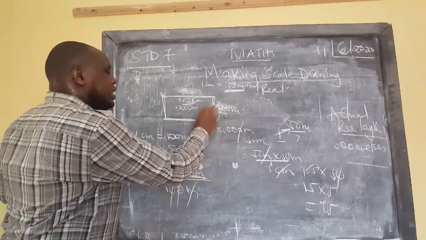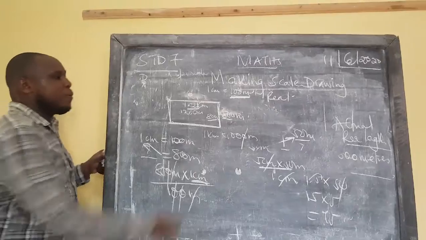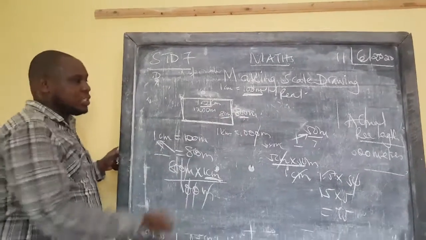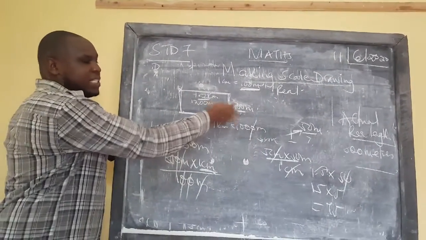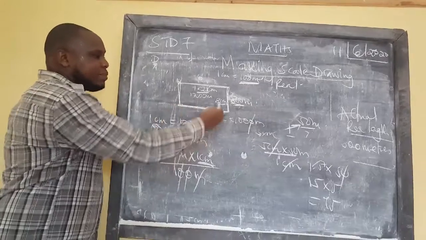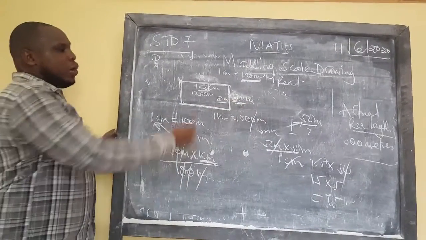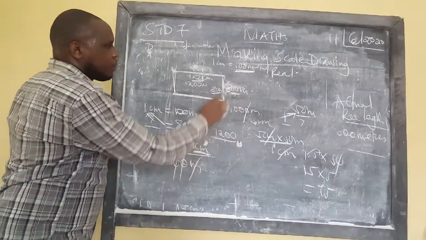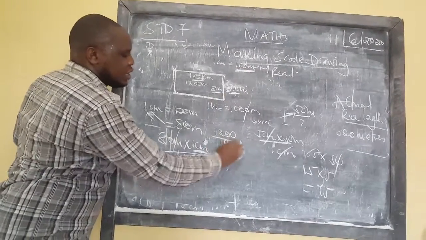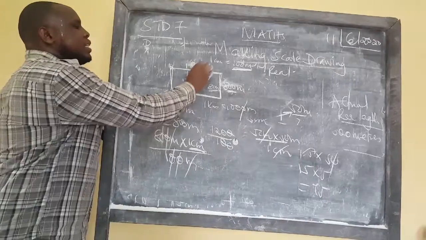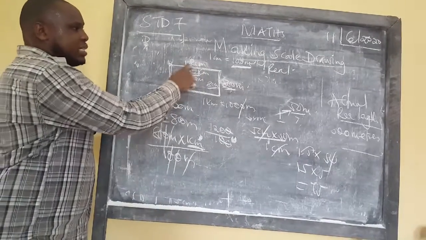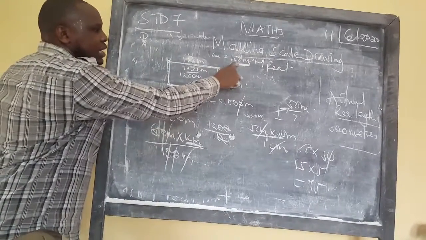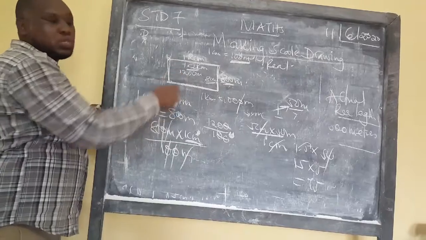So on this side, they will draw just 8 centimeters to represent 800 meters, because each centimeter you draw here represents 100 meters. So 100 times 8 is 800 meters. On this other side, you simply get 1,200 divided by the scale 100. So here they will just draw 12 centimeters, because each centimeter is 100 meters. So 12 times 100, you get 1,200 meters.